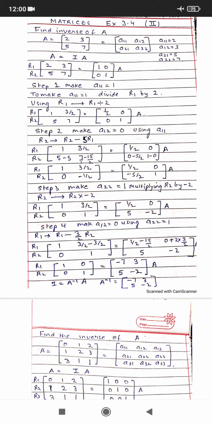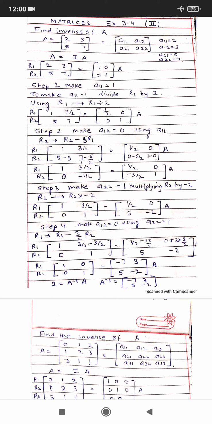Step 4, A12 is equal to 0 using A22 equal to 1. Using A22 equal to 1, we make A12 equal to 0. How do we do it? We use R1 becomes R1 minus 3 by 2 R2.